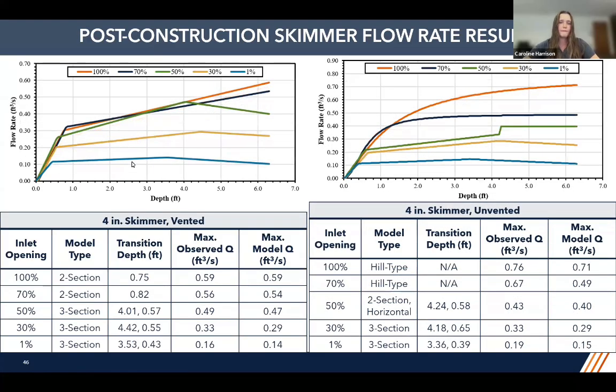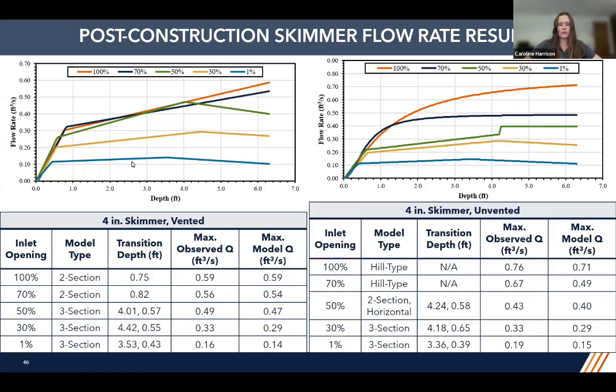Going into our 4-inch post-construction skimmer, here we use 2 section models for the 100% and 75% openings, and then 3 section models for the 50% down to 1% inlet openings. For our unvented configuration, we used hill types for our 100% and 75% inlet openings. For our 50% inlet opening, we noticed an interesting flow pattern.